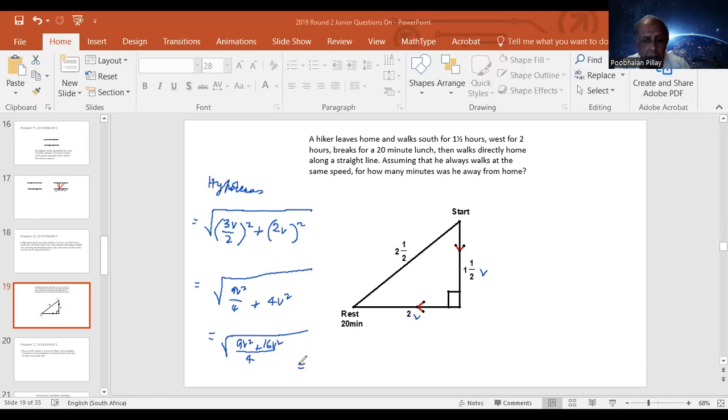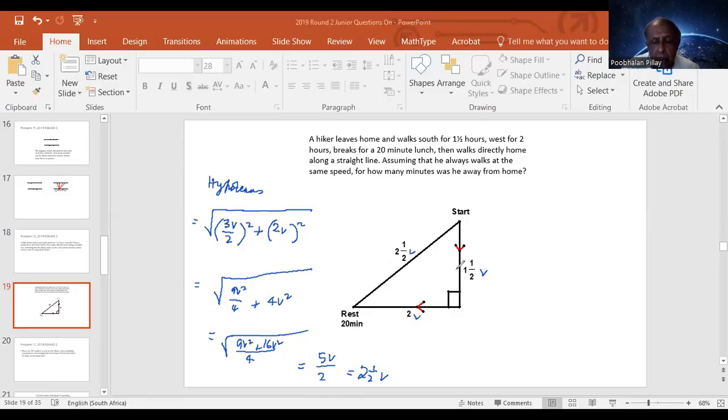So you got the square root of 25v squared over 4, which is 5v over the square root of 4. The square root of a fraction is the square root of the numerator divided by the square root of the denominator. And this is your 2.5v. That's where this 2.5 comes in. So there should be a v there. In other words, the distance is this, so he would have traveled for 2.5 hours.